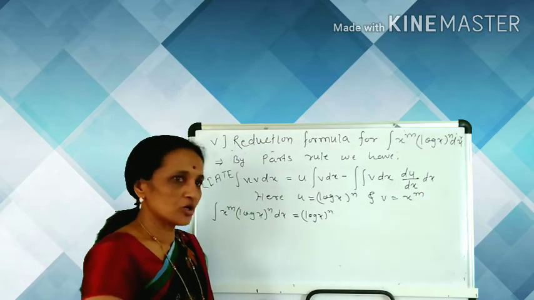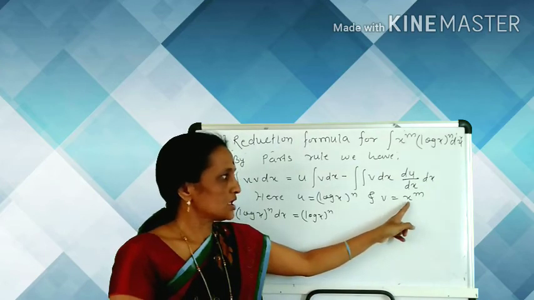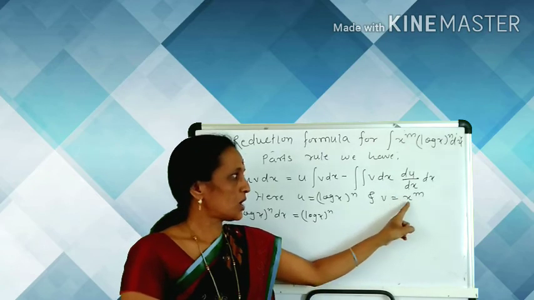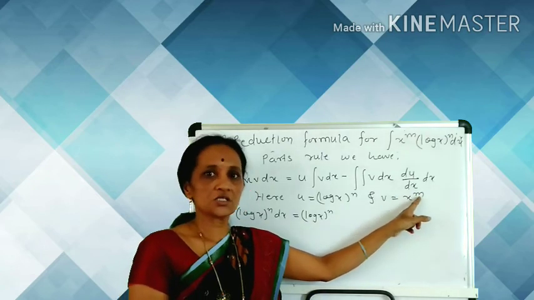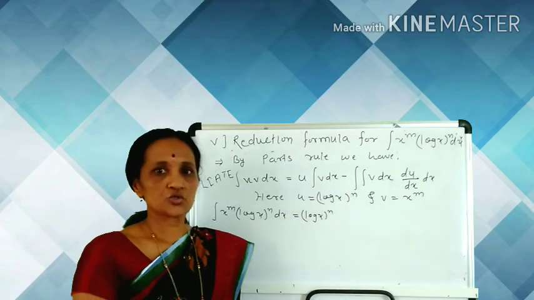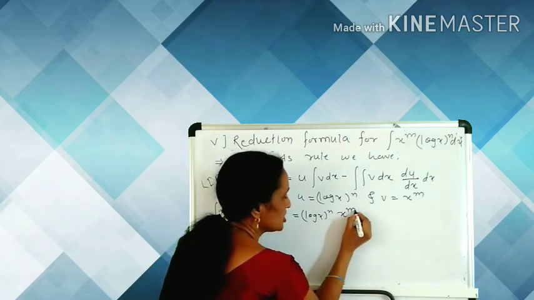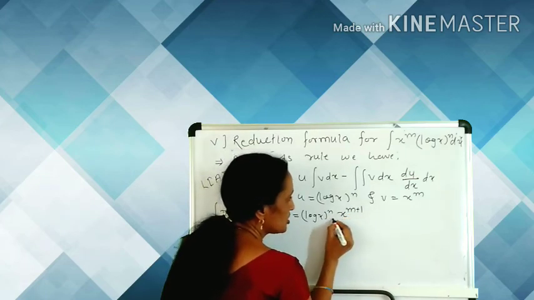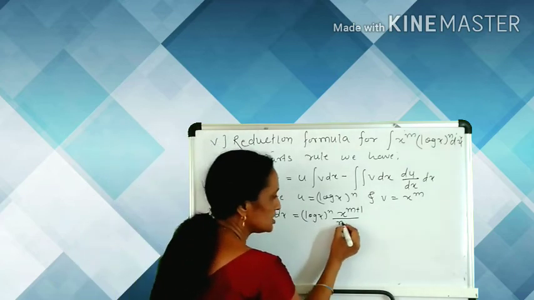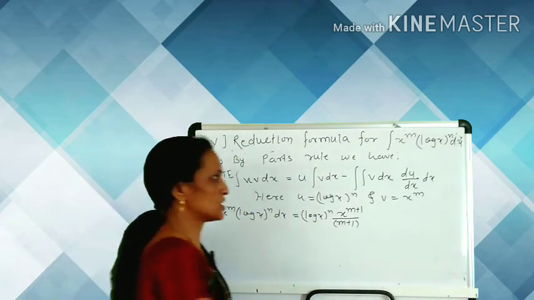In the above four reduction formulae, we took the derivative of x raised to the m, and in the derivative the power of x decreases by 1. But here we take the integration of x raised to the m, and in integration the power increases by 1 and is divided by m plus 1.